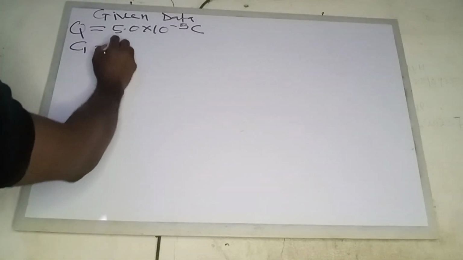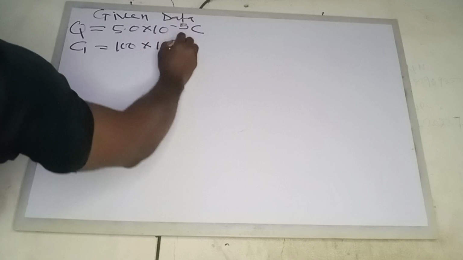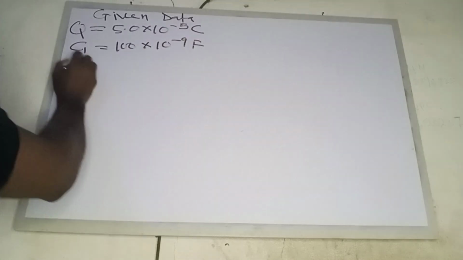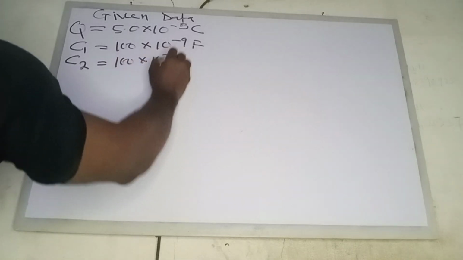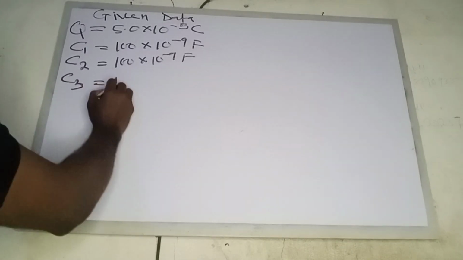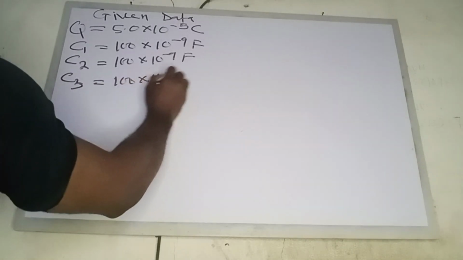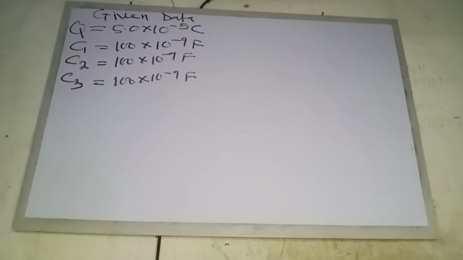Capacitor 1 is 100 times 10 raised to the power of minus 9 farad, capacitor 2 is 100 times 10 raised to the power of minus 9 farad, and capacitor 3 is also 100 times 10 raised to the power of minus 9 farad. We are to calculate, in series, what is the total capacitance.